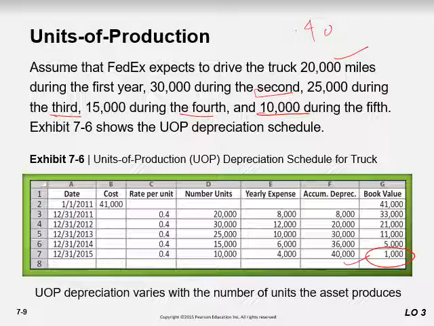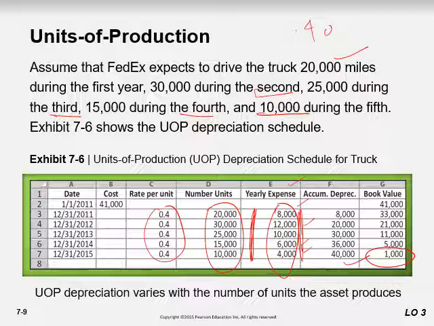What you have to do is multiply each year's consumption by the per unit depreciation rate, and you see it's not equal. In the straight line method the expense is all equal, but here the expense is not equal. It is higher, lower, higher, lower, which means the yearly expense is not normalized, in accounting or finance terms.